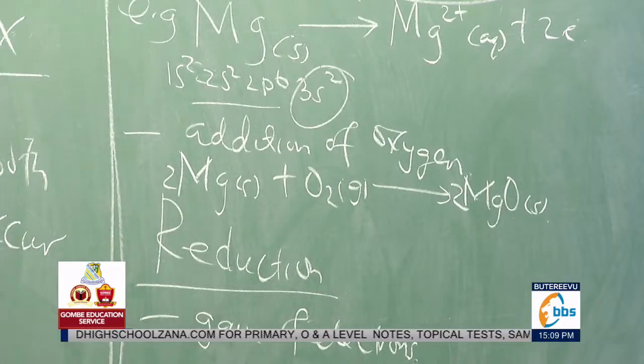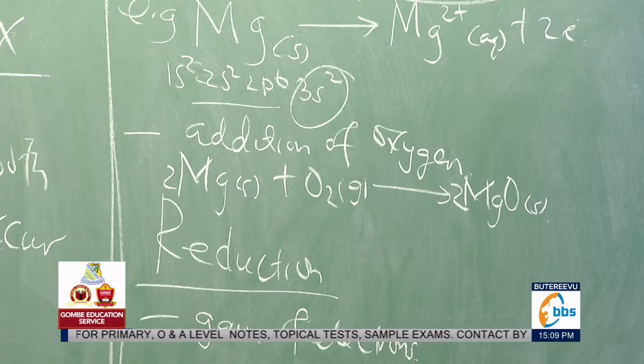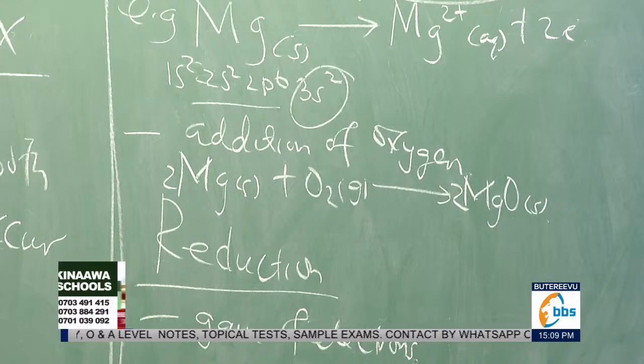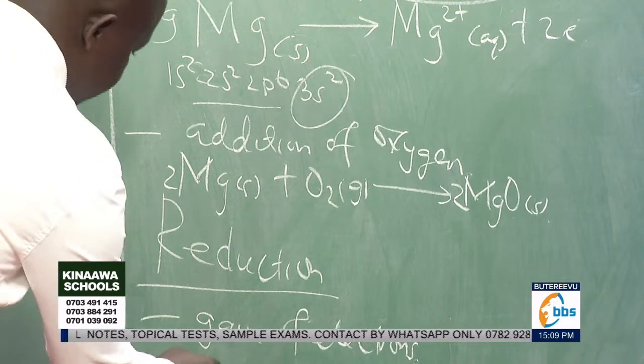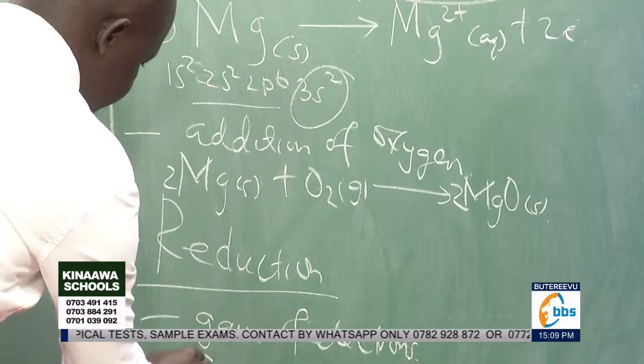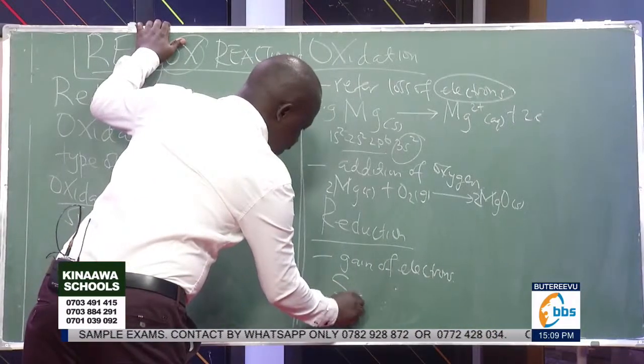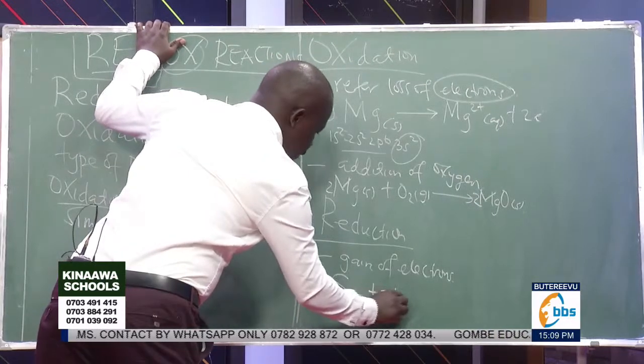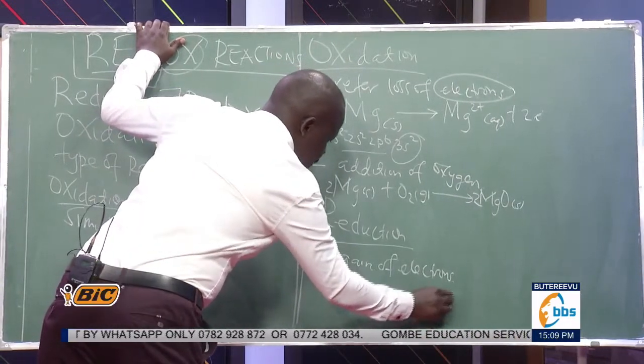Gain of electrons. Now, this normally occurs in nonmetals when they gain electrons to become stable. For instance, let us take sulfur. Sulfur normally acquires 2 electrons to become stable.